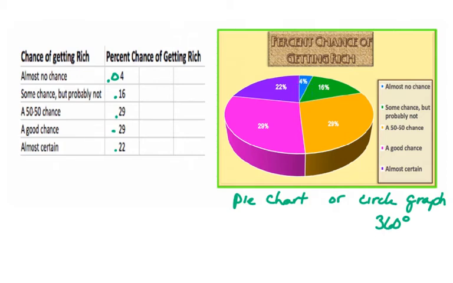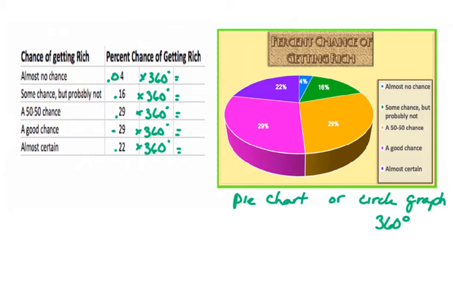So for each of these, they get multiplied by 360 degrees. And that's going to tell us how many degrees are in each wedge or each sector.